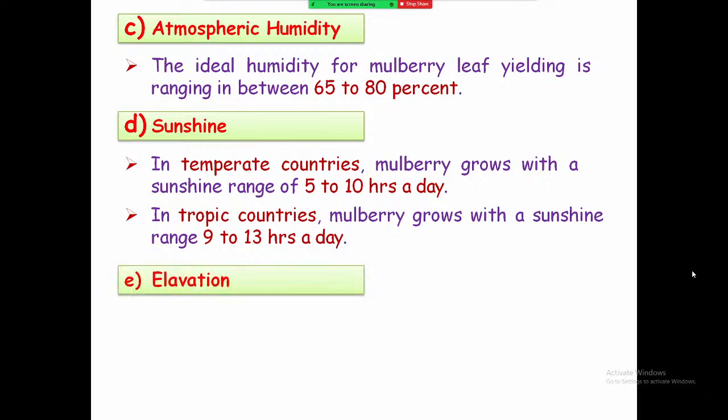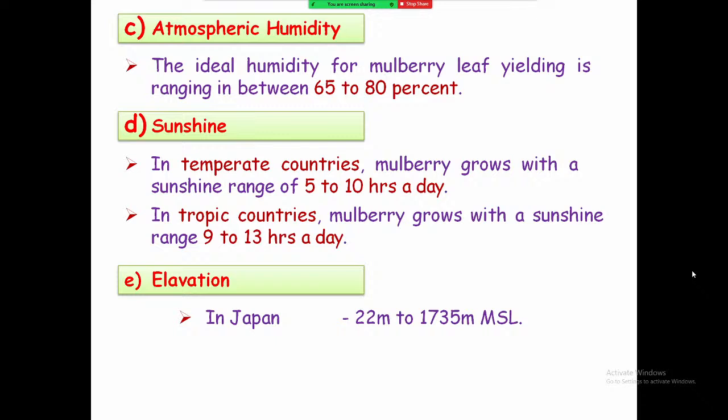Then the elevation. Okay, so in Japan it can grow from 22 meter to 1735 meter above mean sea level.